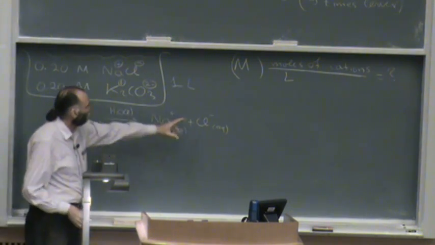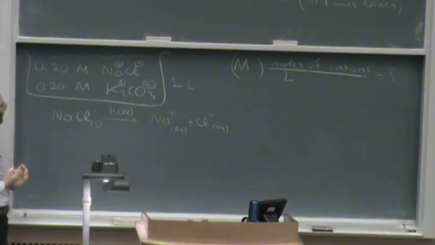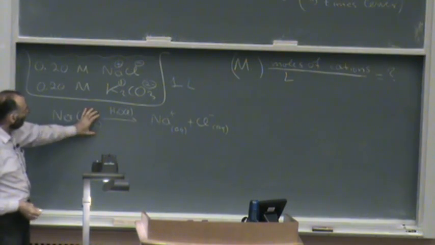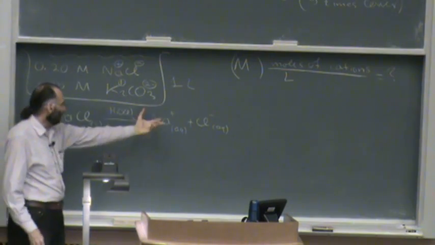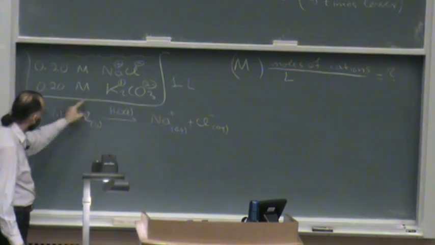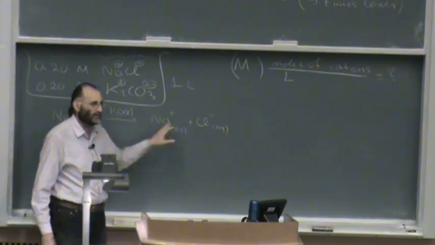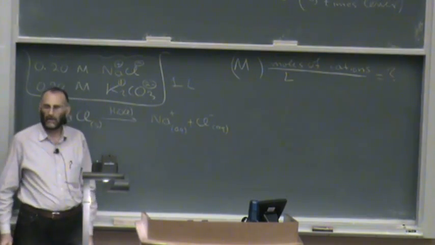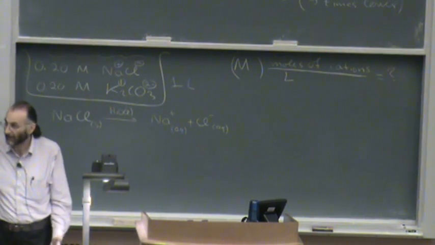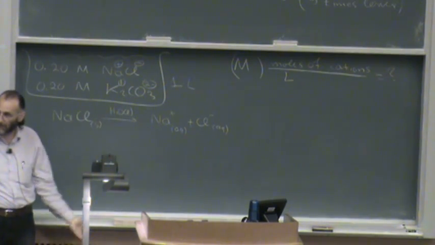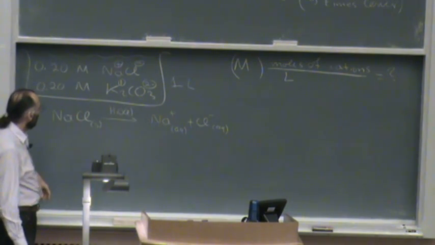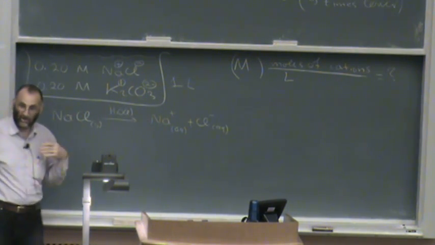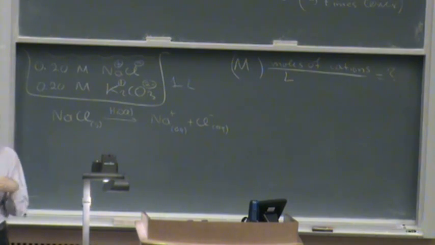This equation is telling us, because some students have difficulty with this, from what office hours are showing. You take the chemical formula of the salt, and you can dissociate it, and you can see that one formula unit gives you 1 cation, 1 anion. In this case, we care only about the cations, right? It should be balanced, and it's balanced. So 1 formula unit gives you 1 cation. The ratio of particles, whatever they are, is also a ratio of moles.